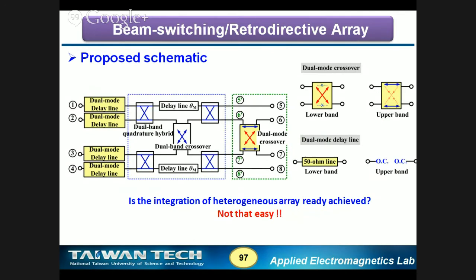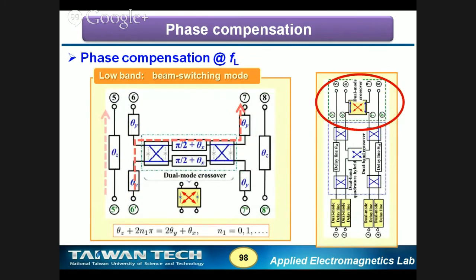When we are talking about phase arrays, we care about the phase. And this crossover in the other band has an additional phase delay, and this phase delay should be taken into account. So in addition to replacing your input port with the dual mode delay line, and replacing the crossover with the dual mode crossover, you actually need a phase compensation.